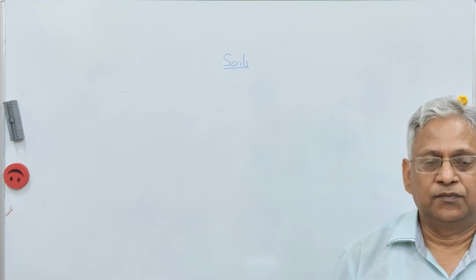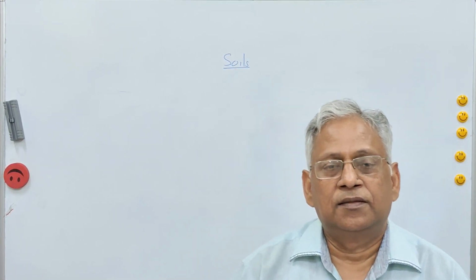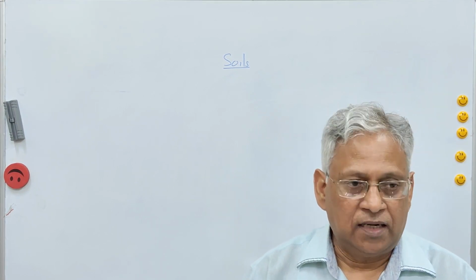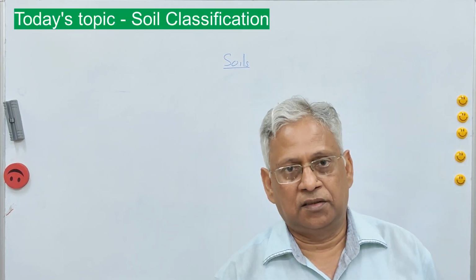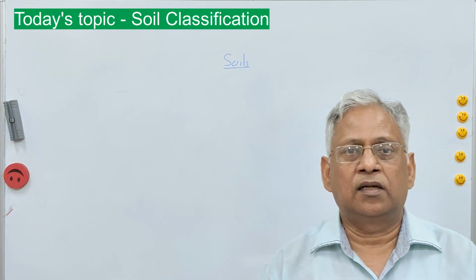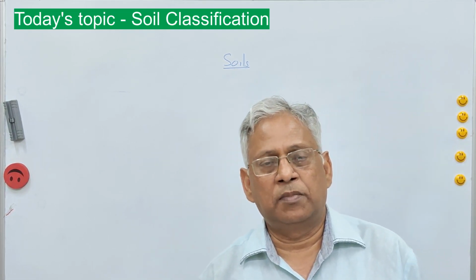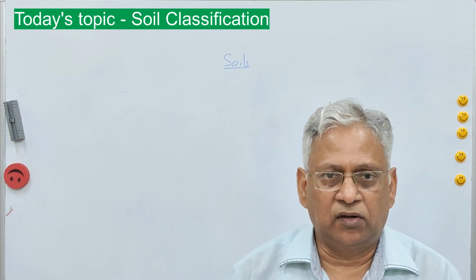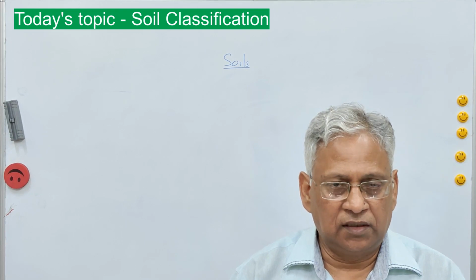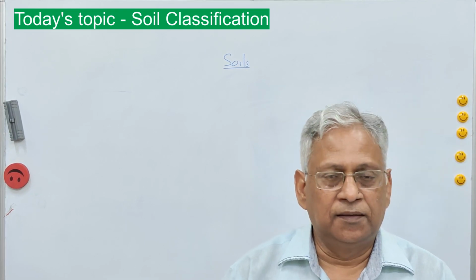Hello friends, today we shall discuss soil classification system, and there are in general three systems which are in vogue. One is unified soil classification system, which was proposed by Casagrande in 1943, and this is the system which is used in most of the countries including India.